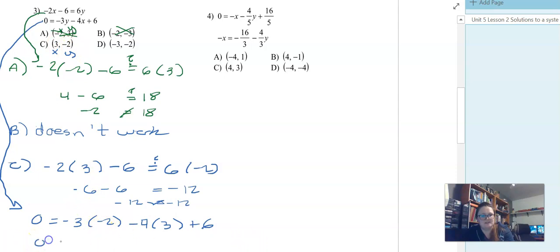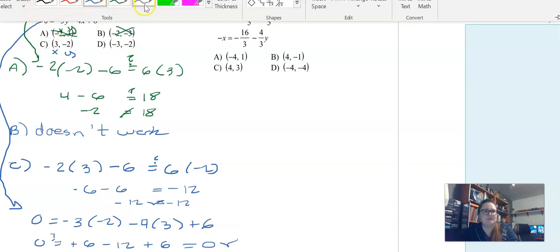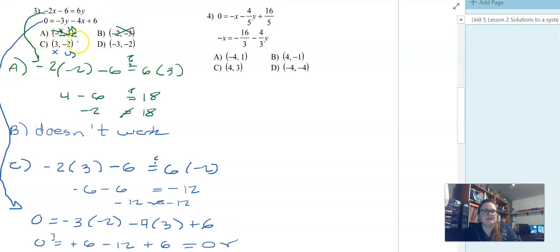Well, let's see. 0, does that equal 6 minus 12 plus 6? 6 minus 12 is negative 6, plus 6 is 0. So it does work. That means it worked for the first equation and the second equation. So now we know that our answer is C, because the numbers for C work for both the top equation and the bottom equation.